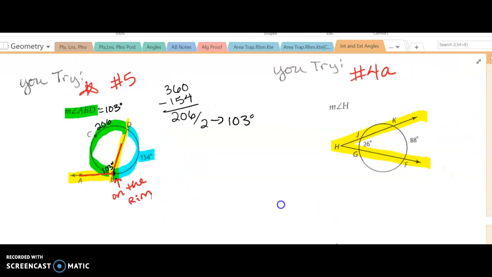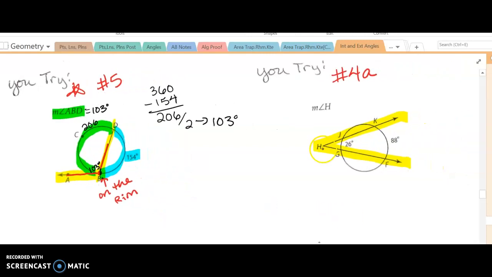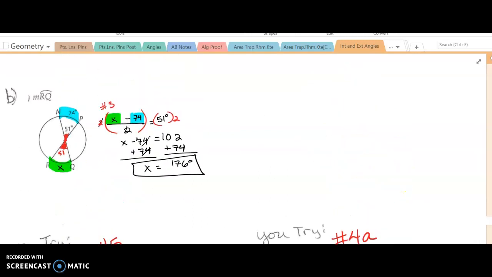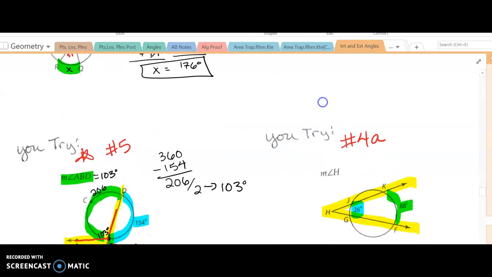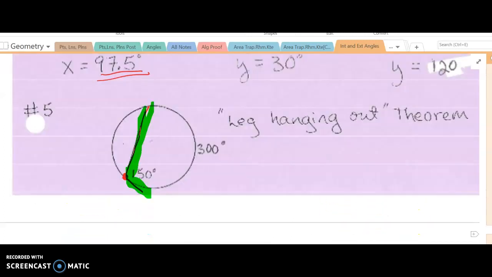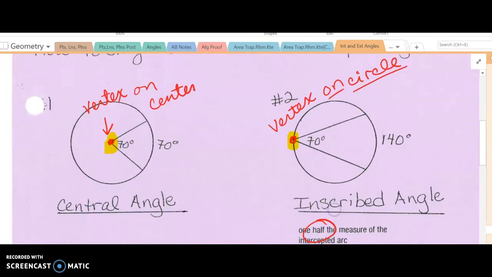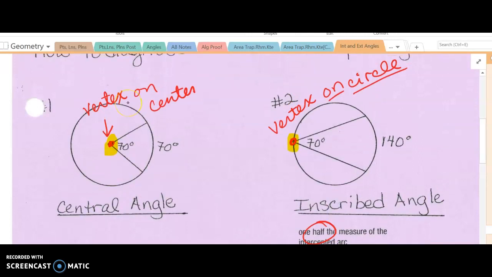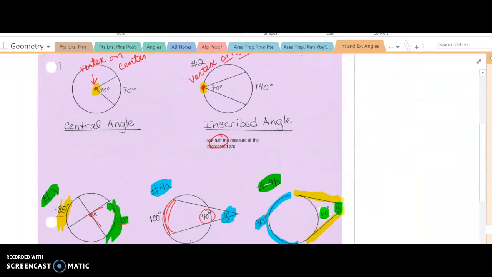Anytime it's outside, you take the two arcs, as in the second problem, subtract them, and divide by 2. Anytime you have a vertex inside, somewhere randomly inside the circle, you add them together and divide by 2. And if it's at the center, that first strategy, number 1, they're just the same amount. So to determine which strategy to use, it's all about the location of the vertex.